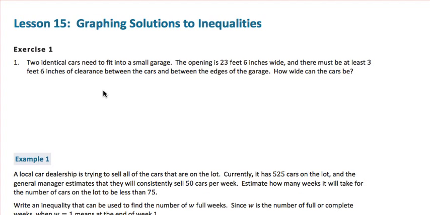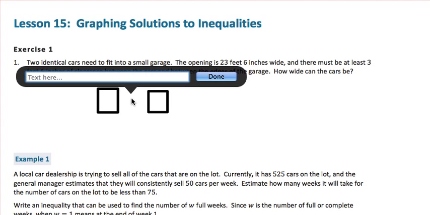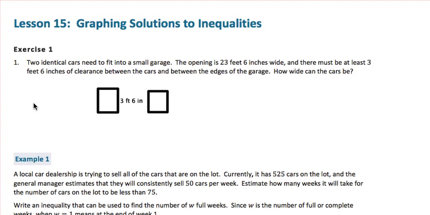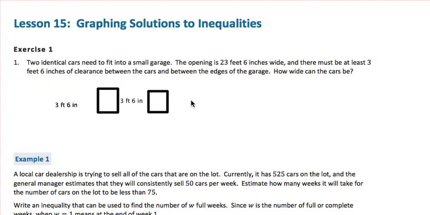So we're looking at two cars, and in between the cars there must be at least 3 feet 6 inches, and there must be at least 3 feet 6 inches on either side.